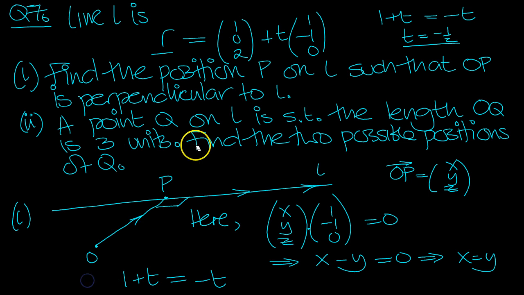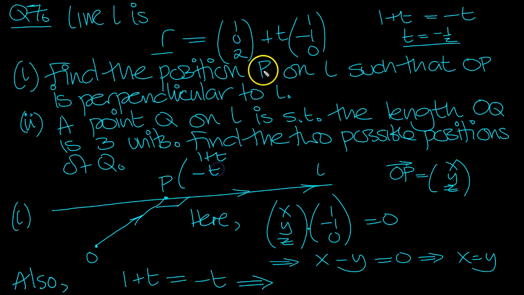We can write that also because it's an additional piece of information. So that tells us what t is when we use X equals Y, and the P coordinate is of this form, 1 plus t, minus t, and 0. So we could put that in here as 1 plus t, the coordinates of P, 0 minus t, and 2 plus 0. So when does X equal Y?